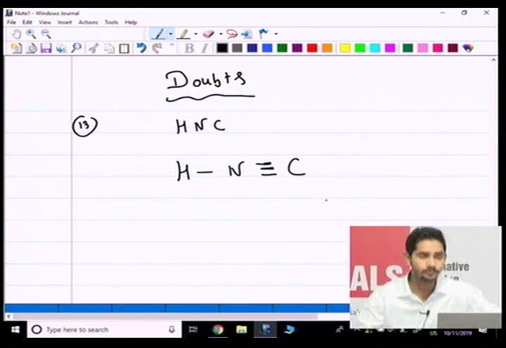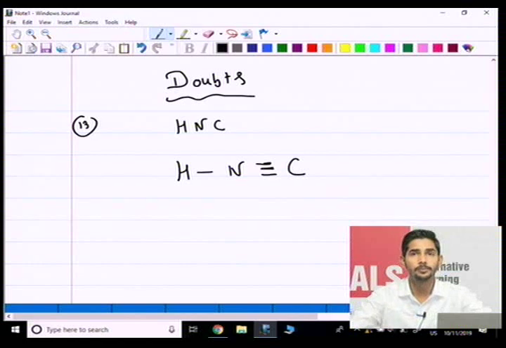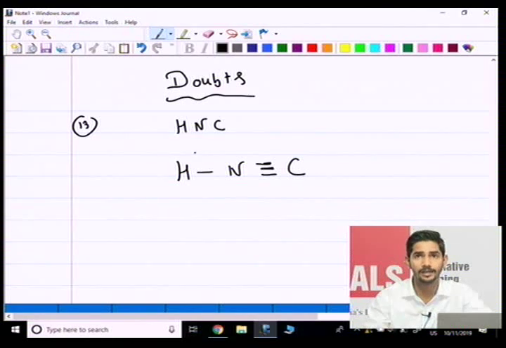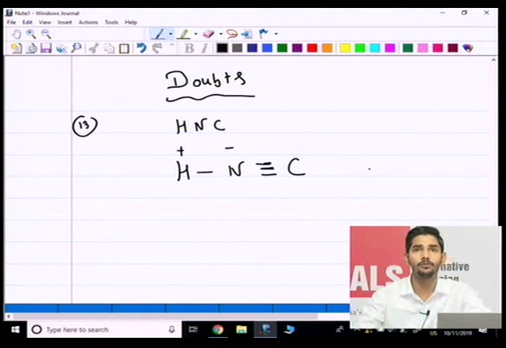So guys, you have to just use the concept of electronegativity and check how much charge can be developed on every atom. If we check the hydrogen, definitely it is the least electronegative, so it will develop a positive charge. Due to this positive, one negative will be created over the nitrogen.